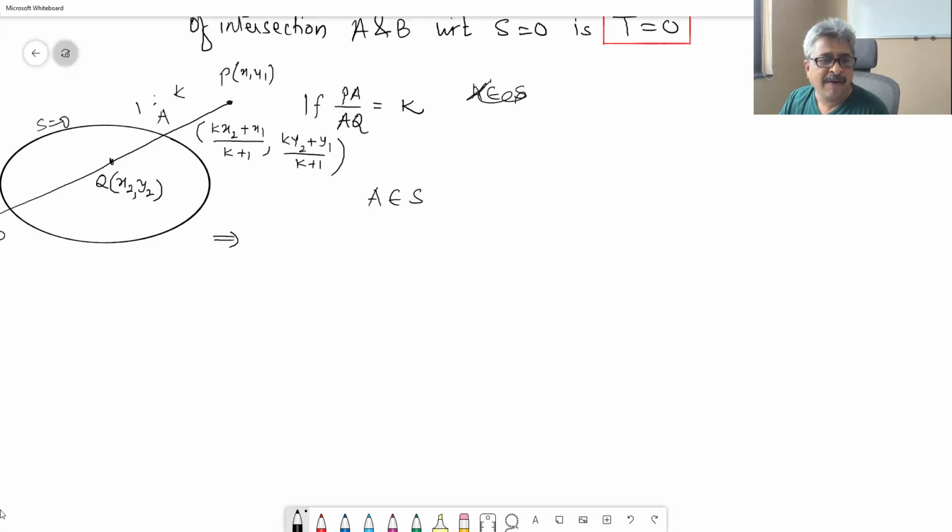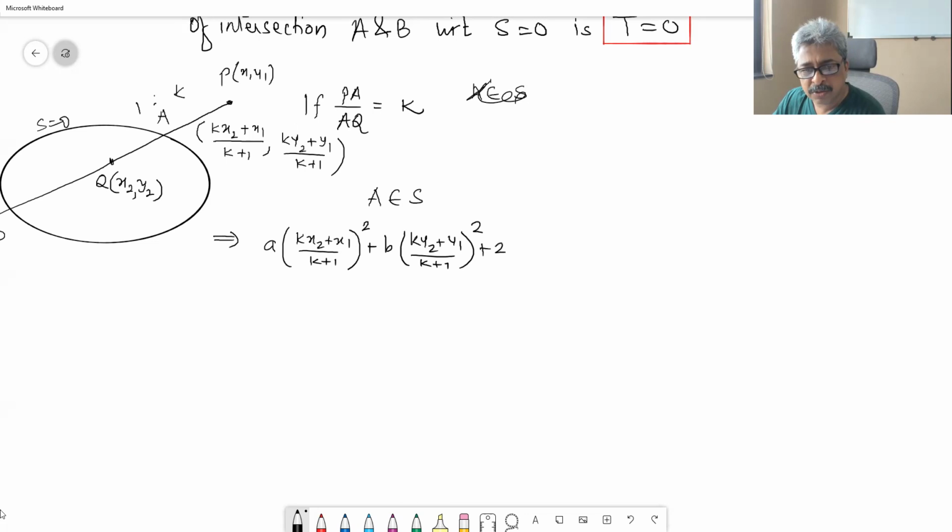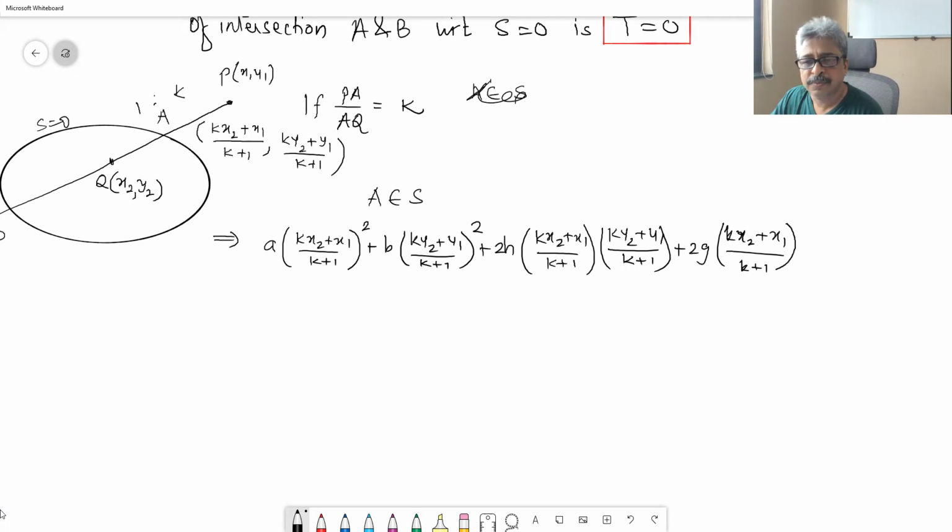That is, a into (kx2 plus x1 upon k plus 1) square plus b into (ky2 plus y1 upon k plus 1) square plus 2h into (kx2 plus x1 upon k plus 1) into (ky2 plus y1 upon k plus 1) plus 2g into (kx2 plus x1 upon k plus 1) plus 2f into (ky2 plus y1 upon k plus 1) plus c is equal to 0. So the point A satisfies S.